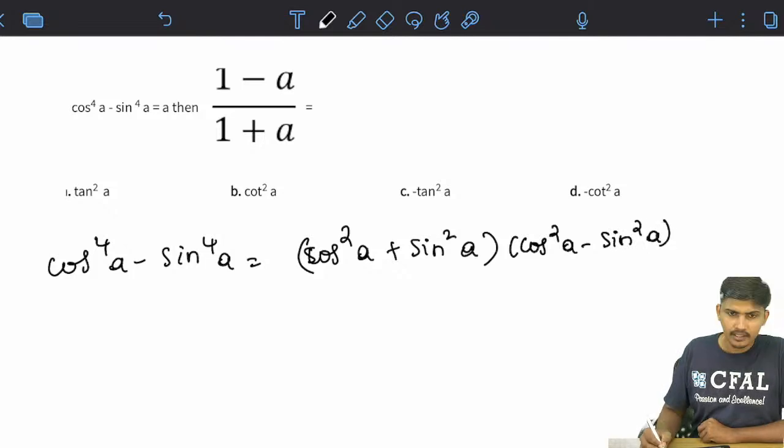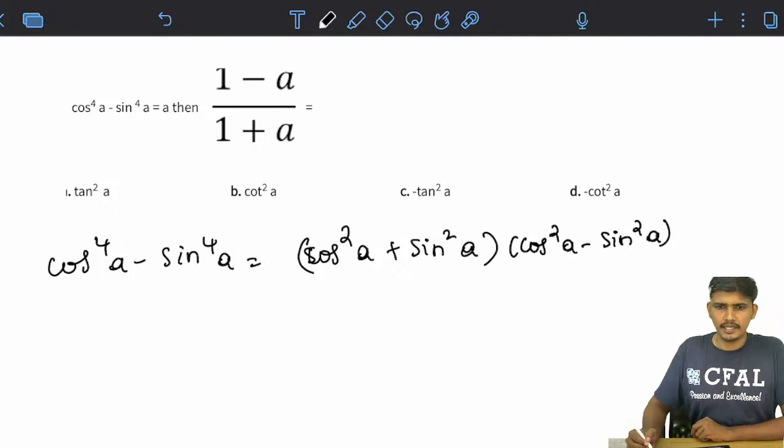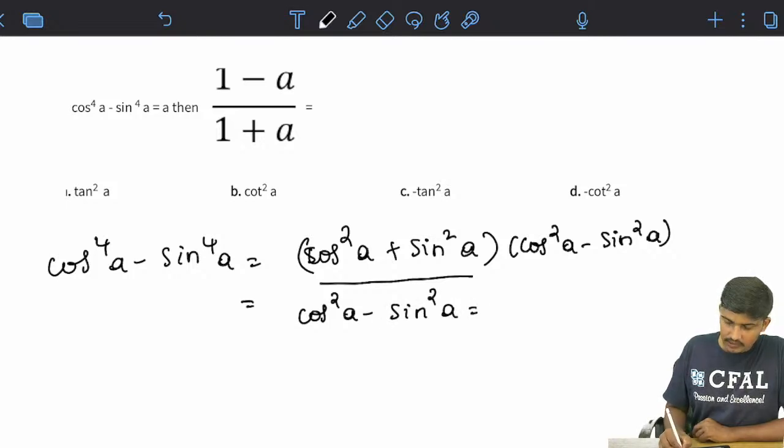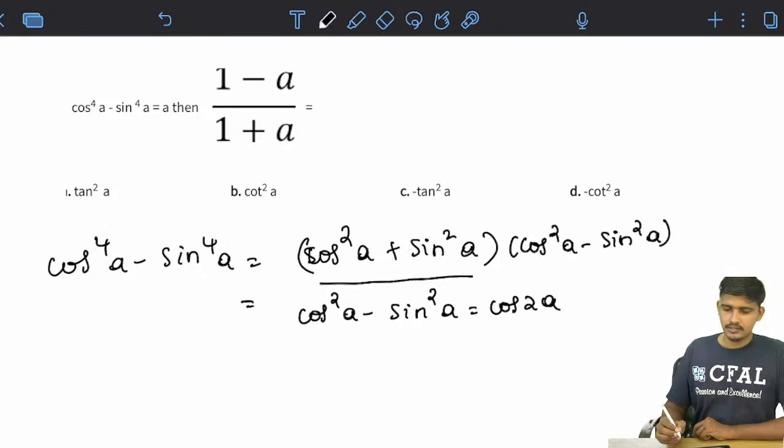Is it correct? A square minus b square, I can write as a plus b into a minus b. So we know that the value of this expression, cos square a plus sin square a, is just 1. So it reduces to a very simple formula, that is cos square a minus sin square a, and we know this is equal to just cos 2a. This is equal to cos 2a, right?